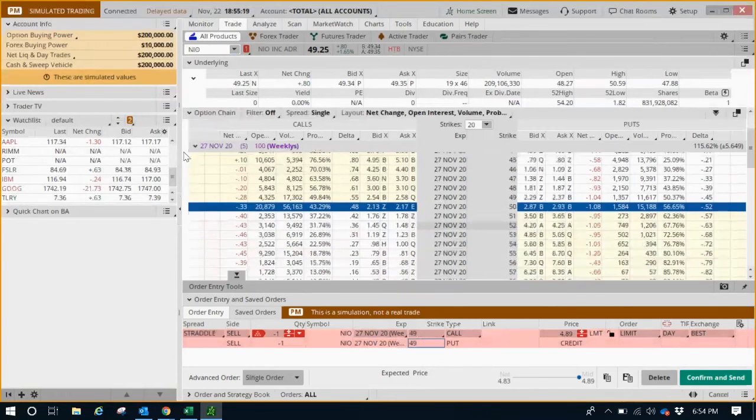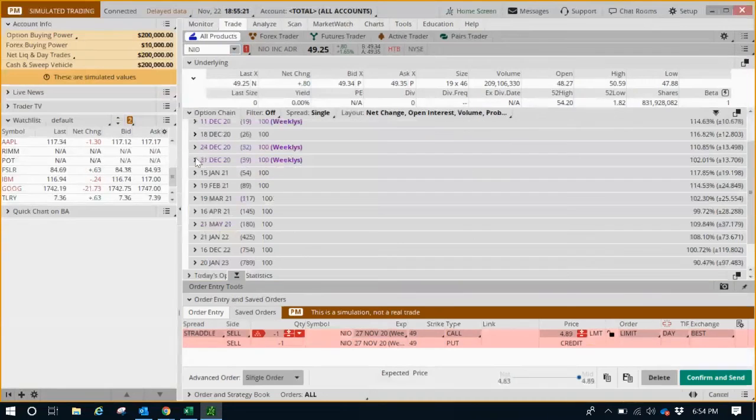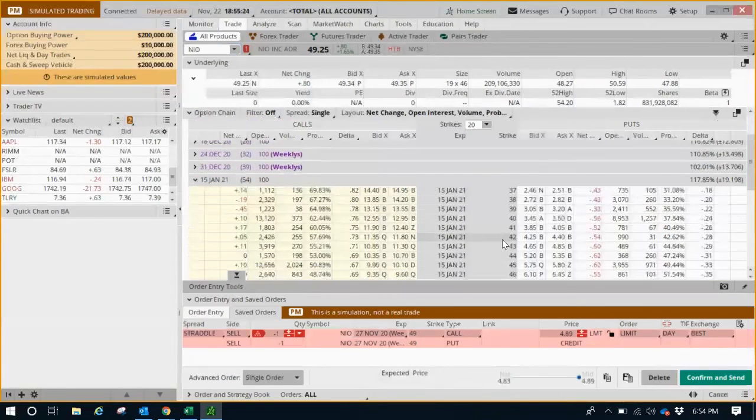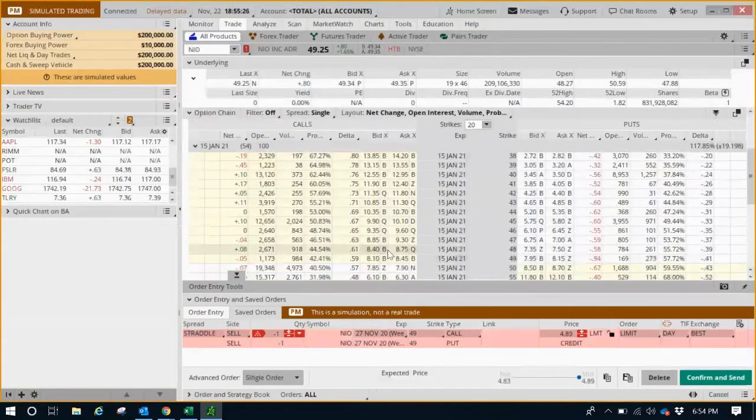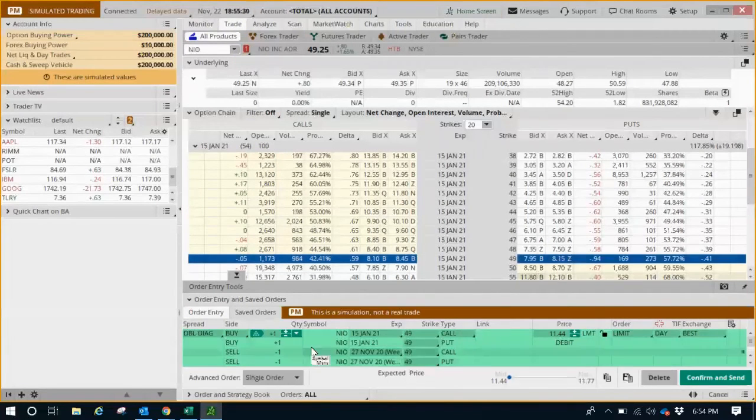And I will offset it by buying little time. This is gonna be an expensive trade though. 49 strike here. Yeah, these are going to be expensive. So that's a $1144 trade, but you get almost 2 months of NEO, both sides covered. Now this will decay a lot quicker.